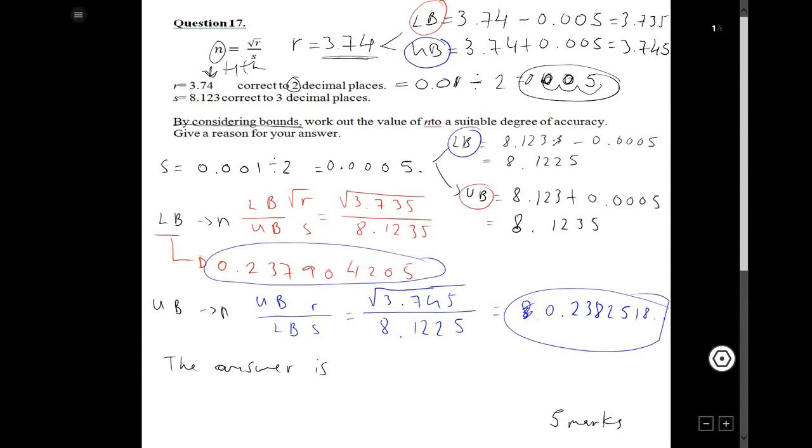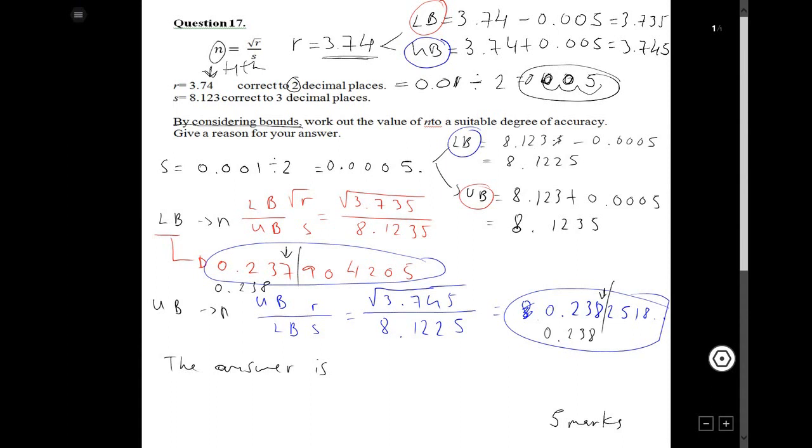I can carry on and check, can I make it even finer? Can I give it an even better degree of accuracy? If I round them to 3 decimal places now, that's going to round to 0.238, and I'm going to do the same for this one, and again the answer is 0.238.